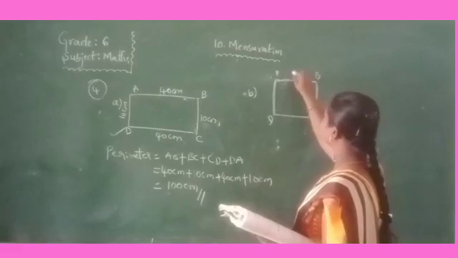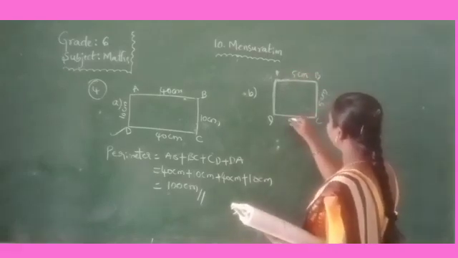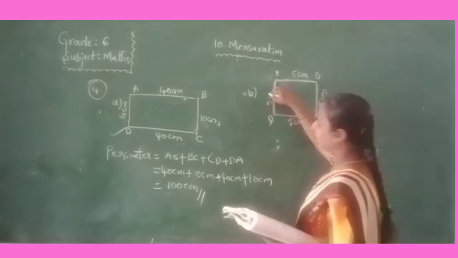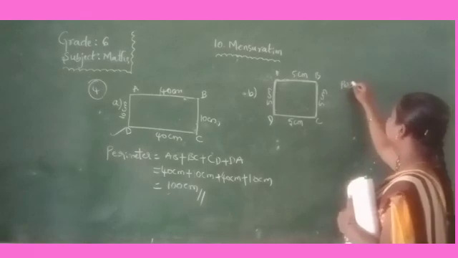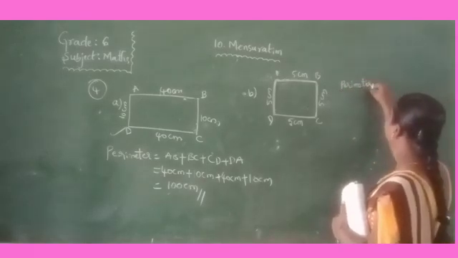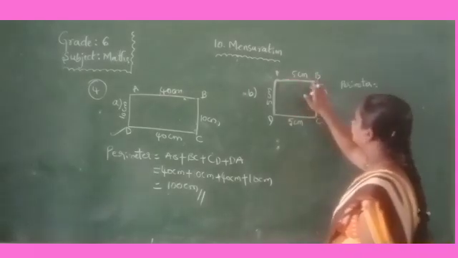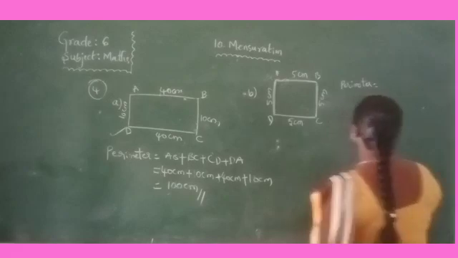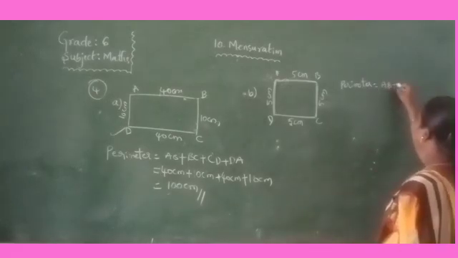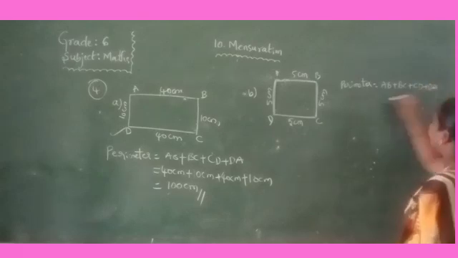Each side is 5 centimeters, 5 centimeters, 5 centimeters, 5 centimeters. Now we have to find the perimeter. Perimeter means we have to measure the length of 4 sides: AB, BC plus CD plus DA.